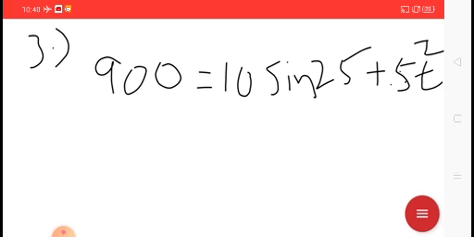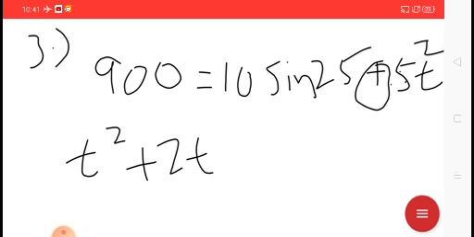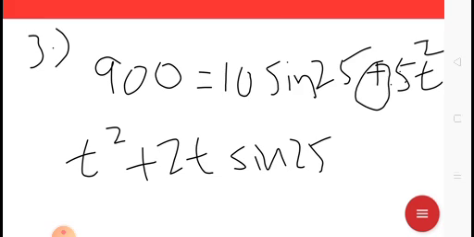The important part is here, positive. By doing this, you can simplify the equation to become t squared plus 2t sin 25 minus 180 equals 0.